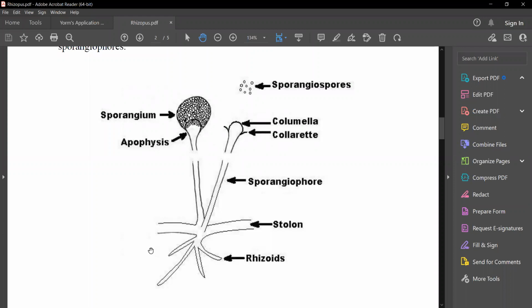So you have these horizontal parts, known as a stolon. Then you have these root-like structures here, which we will not be calling roots, but rhizoids. Now, the point where a stolon and a rhizoid meet, you have a structure coming out from that point, and that is what we are calling the sporangiophore.